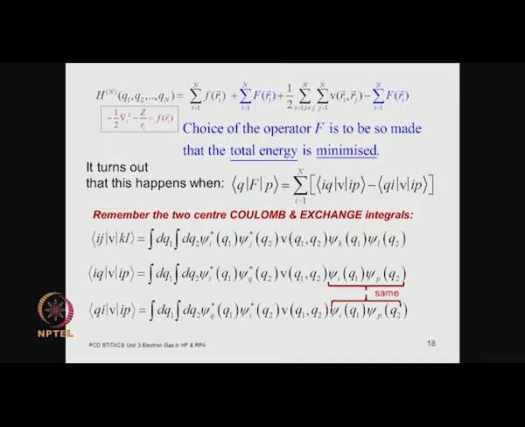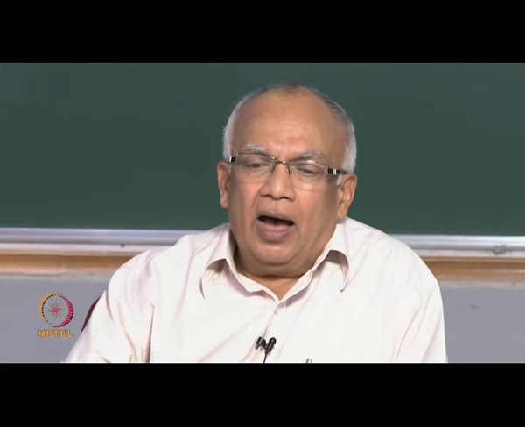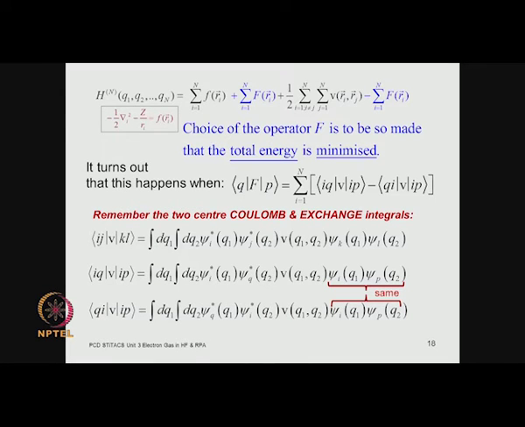They are completely the same that we have discussed in the Hartree-Fock formalism earlier. And this is what we have to show, that the minimization of the total energy is concurrent with this particular expression for the matrix element of the operator F in the states Q and P.